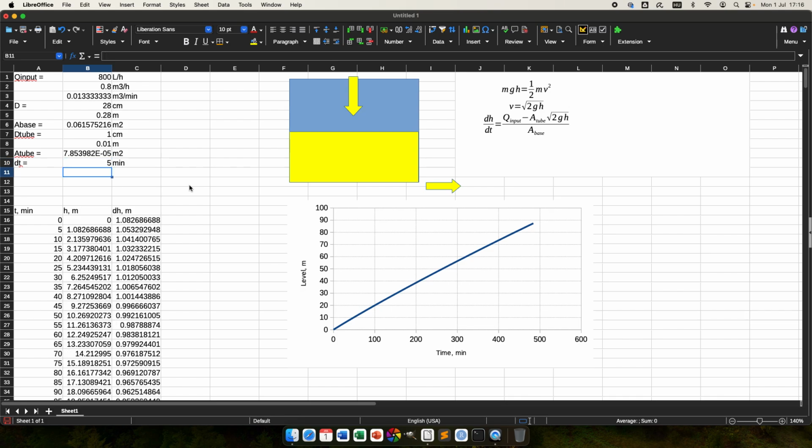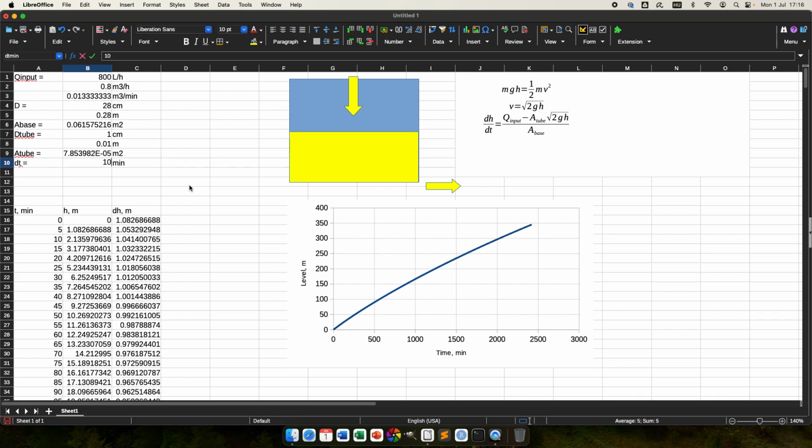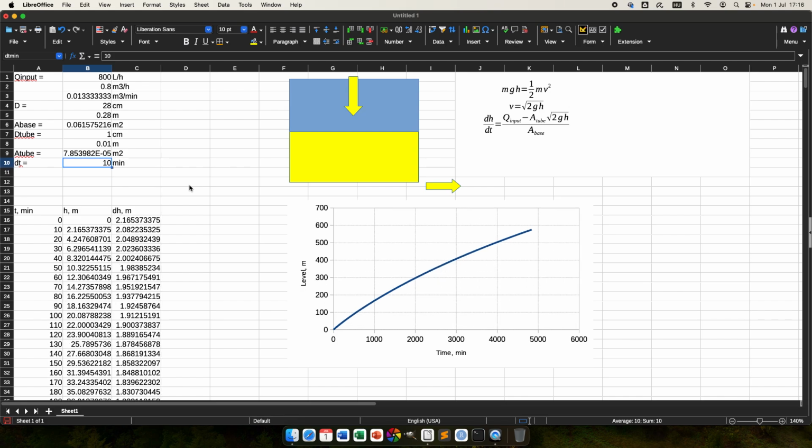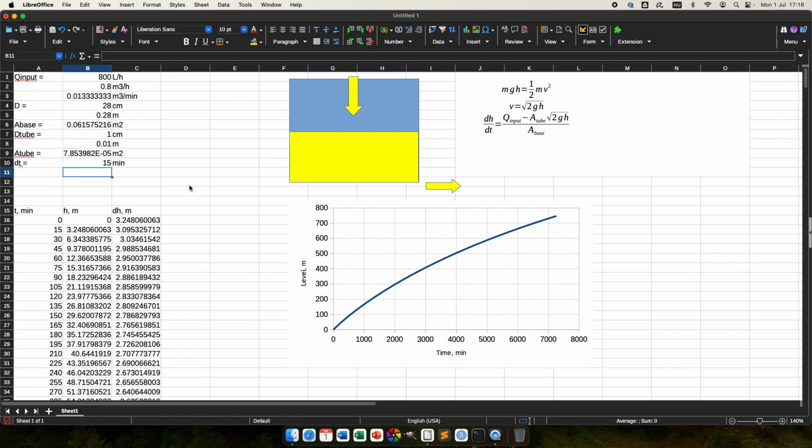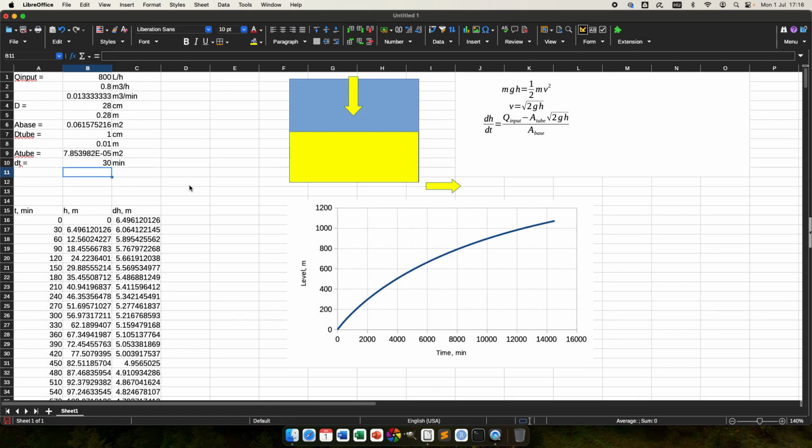Let's check what happens if I change to 5 minutes, 10 minute steps, 15 minute steps. You can see it starts to get curved shape. 30 minute steps, it is getting curved. A bit slow, but get. And the only problem is that it is very high. You can see that basically this will have a steady state somewhere around above 1000 meters.